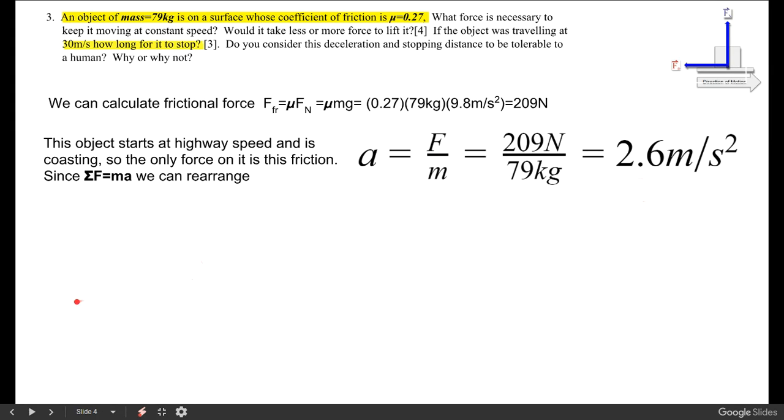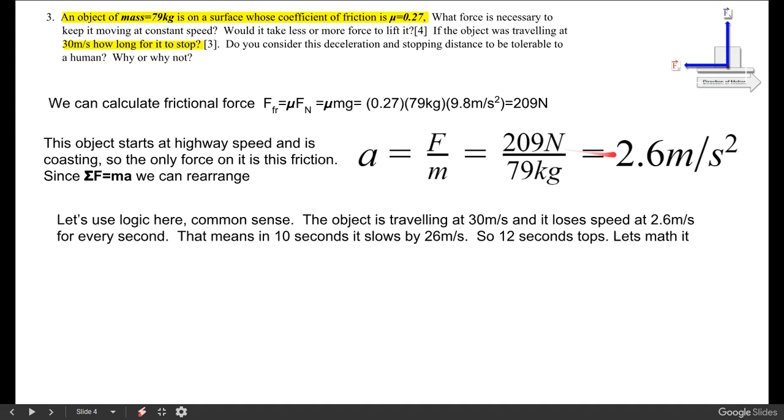Now think about that. When we want to decide how long is it going to take it to stop. You start at 30 meters a second and you're losing this speed every single second. So in 10 seconds, it's going to slow down by 26 meters a second.